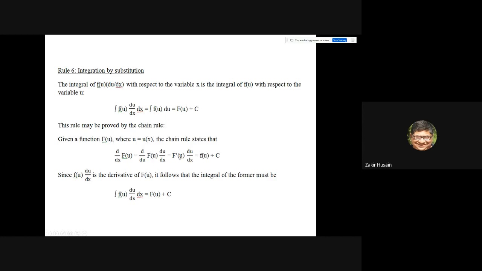The first term is F prime, and we multiply this by du dx. So capital F prime is simply written as f(u) plus c. Now, small f(u) into du by dx is the derivative of capital F(u). So we are taking the integral of this term. This is simply capital F(u) plus c.